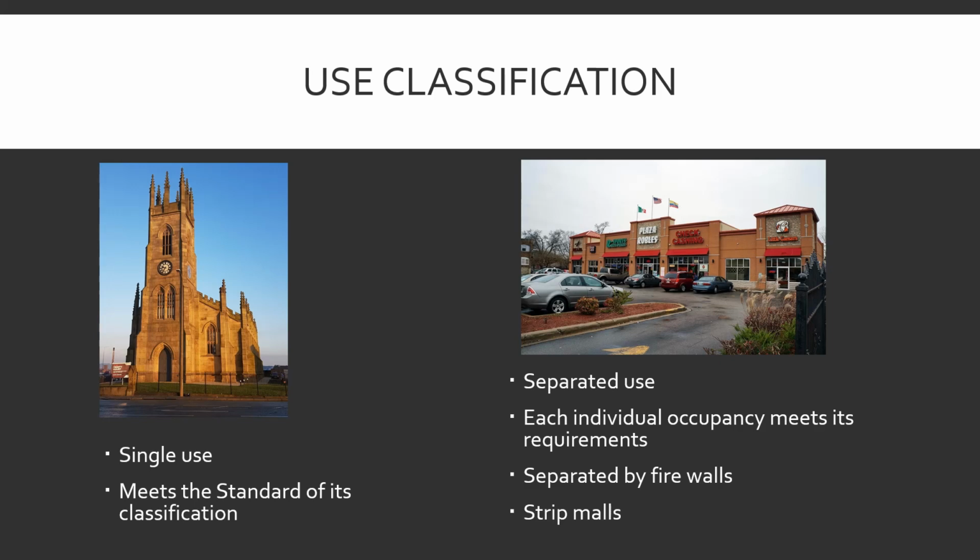For example, in our picture here of our generic strip mall, the pizza place on the end would have to meet the qualifications of an assembly point or a restaurant according to NFPA. The check cashing place in the middle would have to meet business requirements for occupancy.